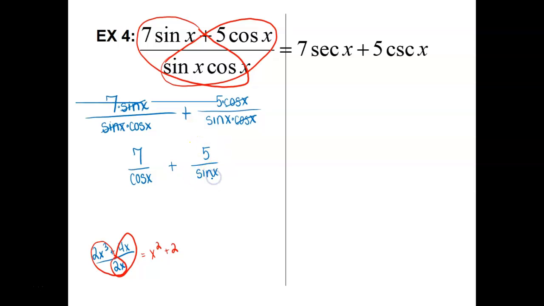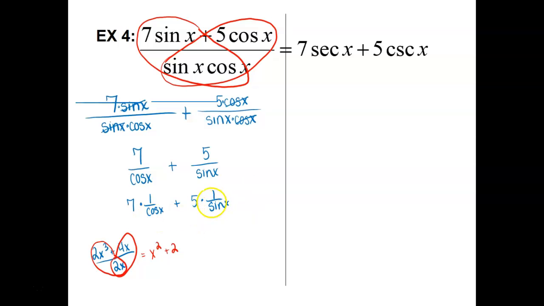Now we're practically to the answer here, because 1 over cosine x equals secant x, right? Well, you do not have to write this next step. I'm going to just write it. So I could write it like this: 7 times 1 over cosine x, and 5 times 1 over sine x. You do not have to write that step.